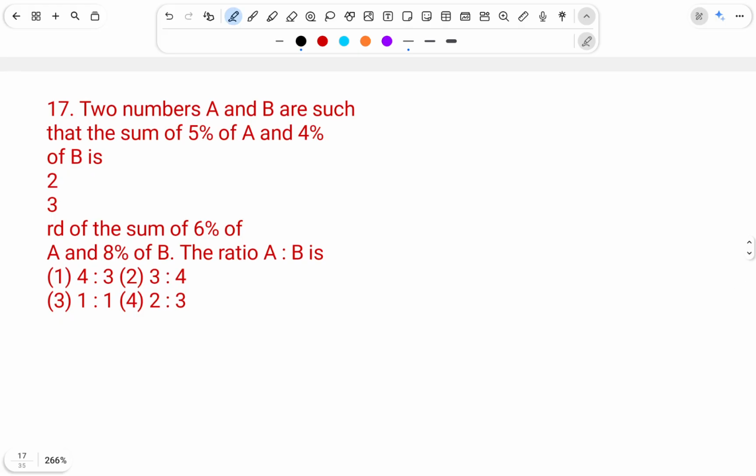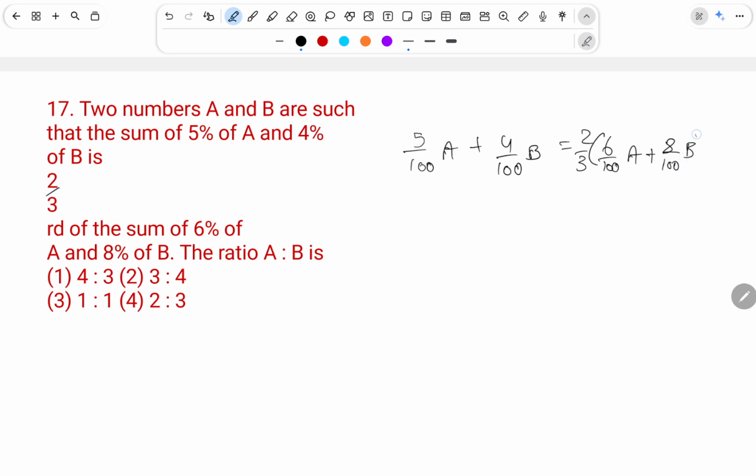Two numbers A and B are such that the sum of 5% of A and 4% of B, 5 by 100 of A plus 4 by 100 of B, is 2/3 of the sum of 6% of A and 8% of B. Ratio of A and B. Okay, transpose 3 to this side.